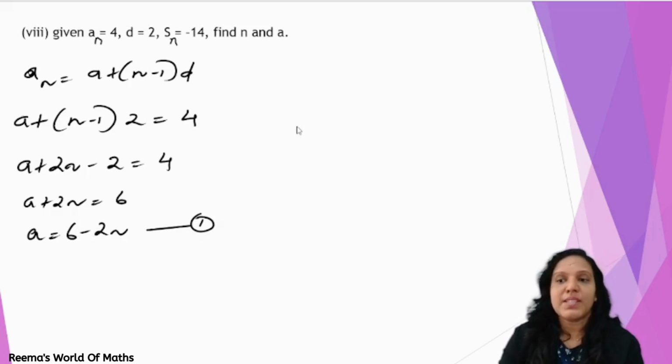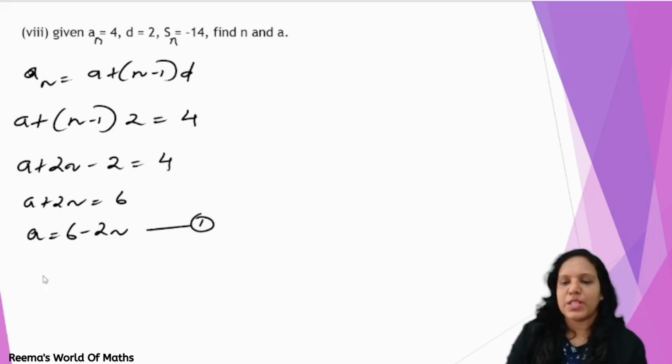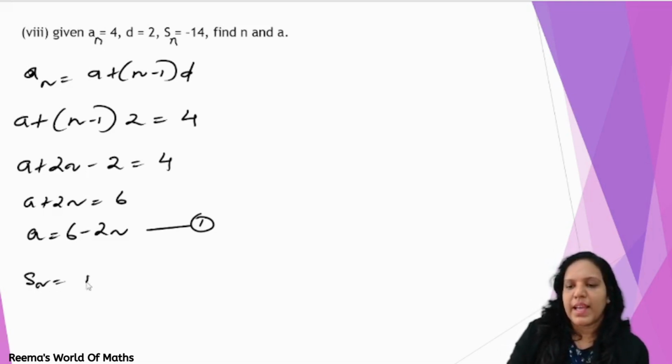We have also given the sum of n terms, which is minus 14. If we know the first term and last term, then the formula to find the sum is Sn equals n by 2 multiplied by a plus an, where a is the first term and an is the last term.